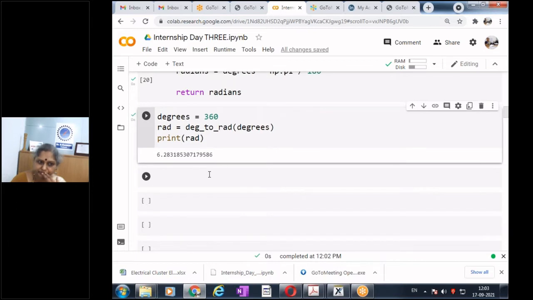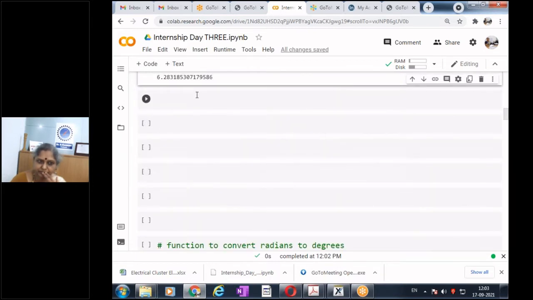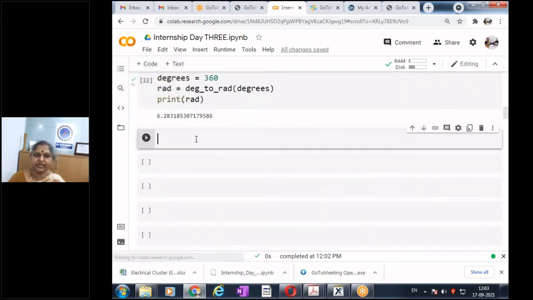Similarly, please write the function for, suppose I want a function that computes the sine. Or okay, just the reverse.